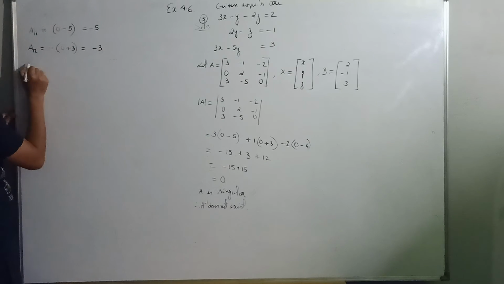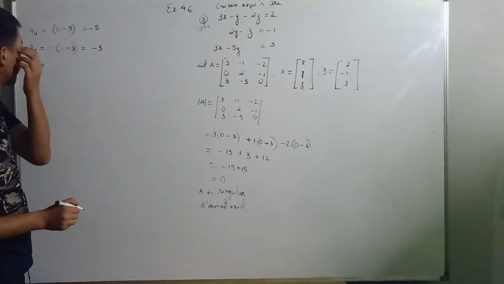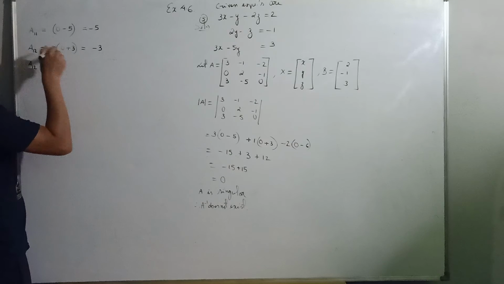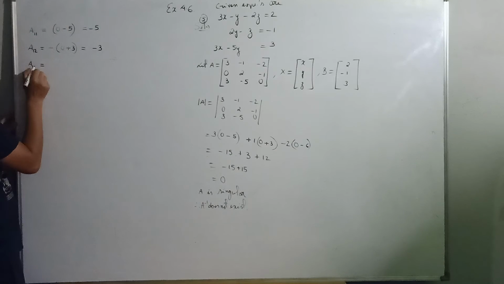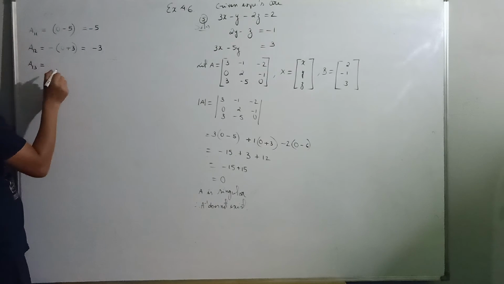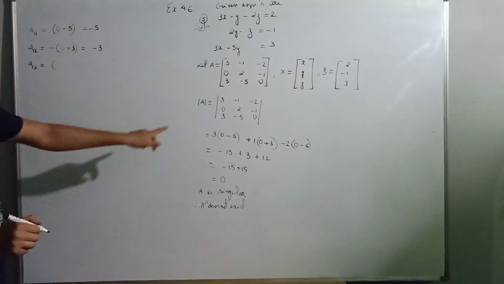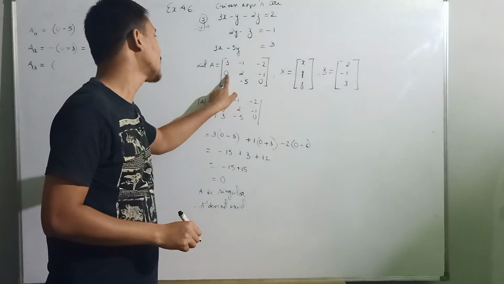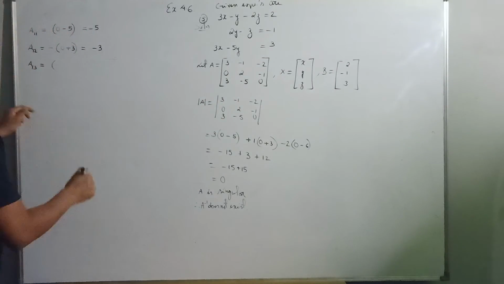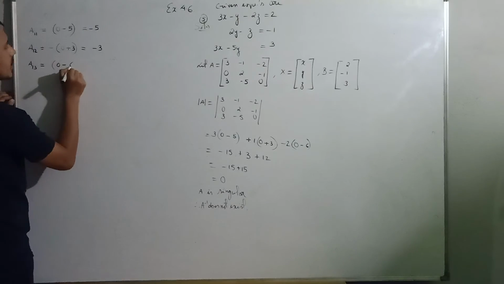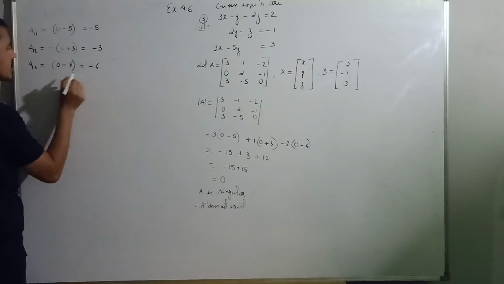Now A13: (-1) to the power 1 plus 3 is 4, so positive. And then we write the minor of this element: 0 into minus 5, 0, minus 3 twos are 6, so that is minus 6.